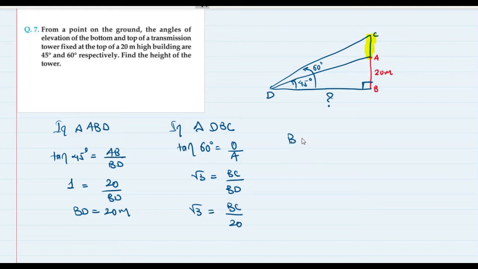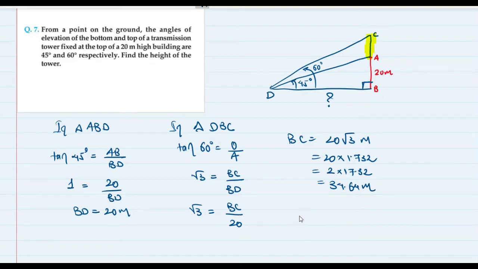So BC is equal to 20 root 3 meters. That is 20 times 1.732, that is 17.32 times 2, that is 34.64 meters. That is BC.